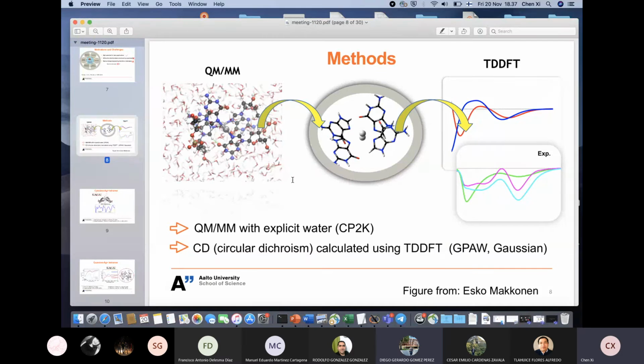Yeah. It depends on how important the water is in the system. If it has a very important role, then it's good to use an explicit model. But if it's more like a background, then I think implicit water is enough.